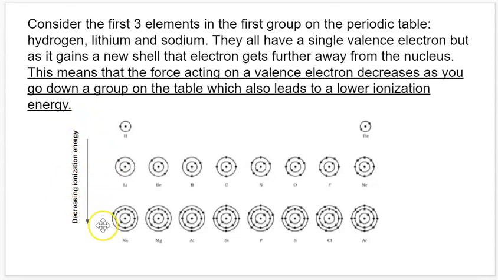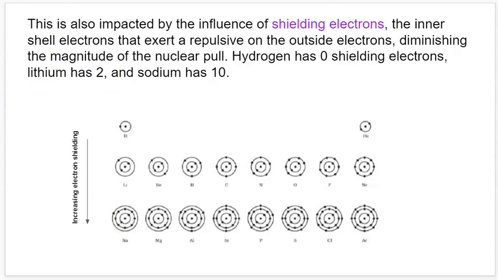And this is probably obvious, but as you go from bottom to top, we see an increasing amount of ionization energy. And this is further impacted by the influence of shielding electrons, because there's that attractive pull of the nucleus, but every time we add a shell of electrons, we're adding a barrier between the nucleus and that valence electron. And it's a barrier made out of electrons, which are going to repel each other.